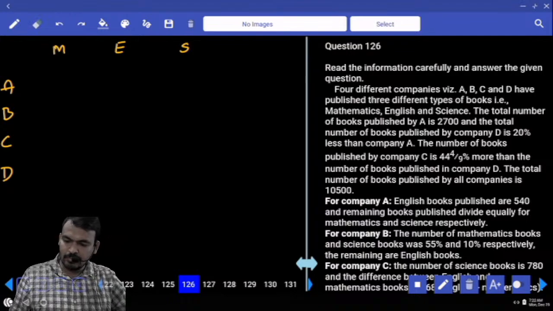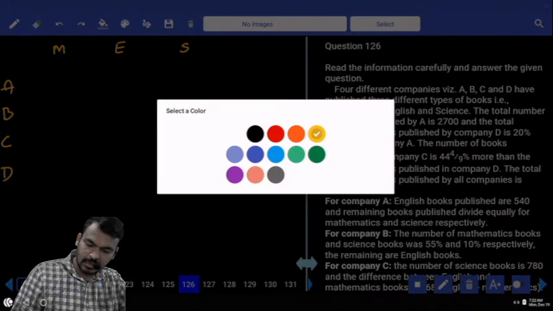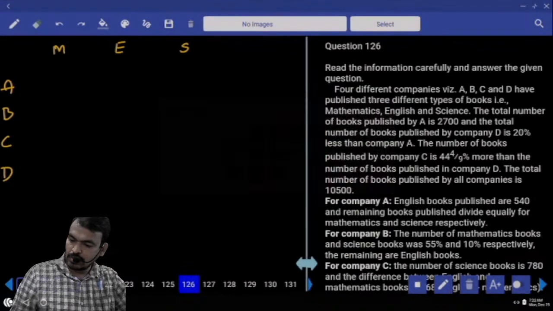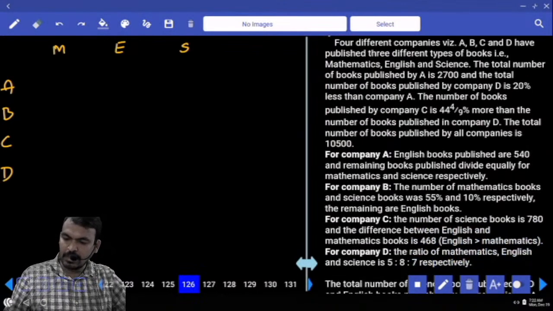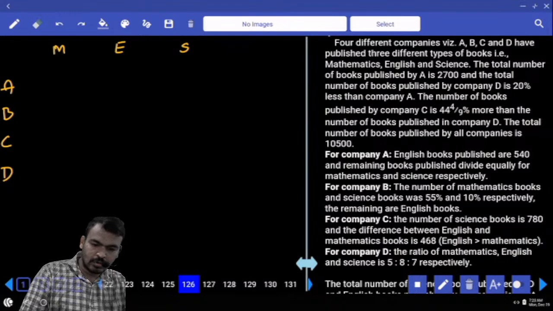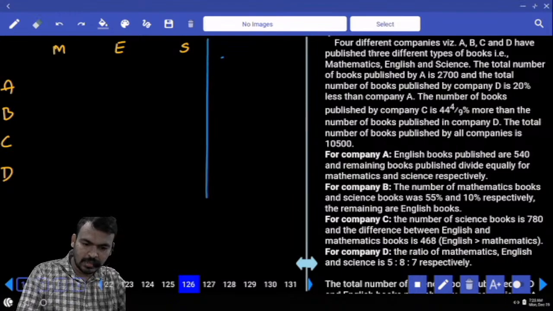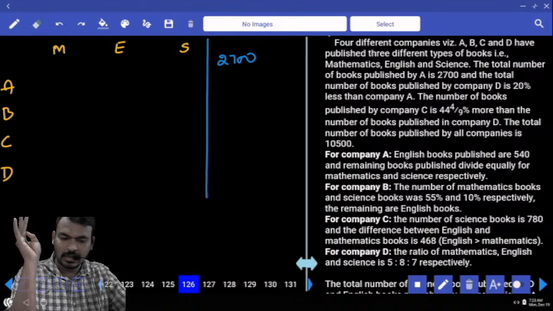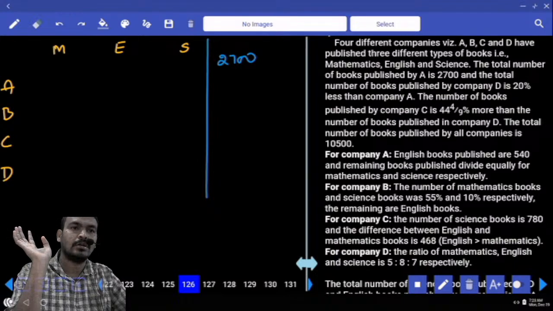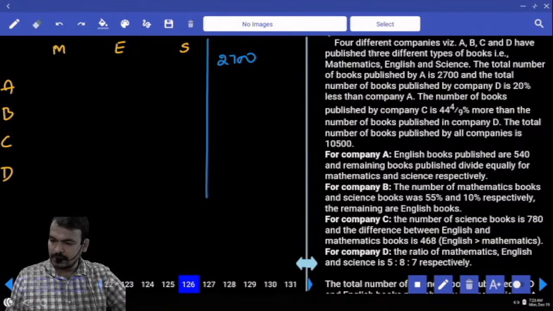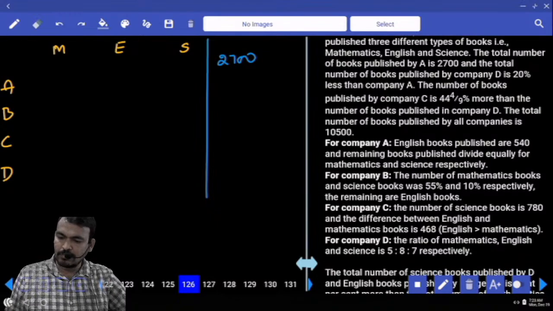Next, the total number of books published by company A is how much? 2,700. A total books is how much? 2,700. Means A total value 2,700 means Maths, English plus Science is how much? 2,700.